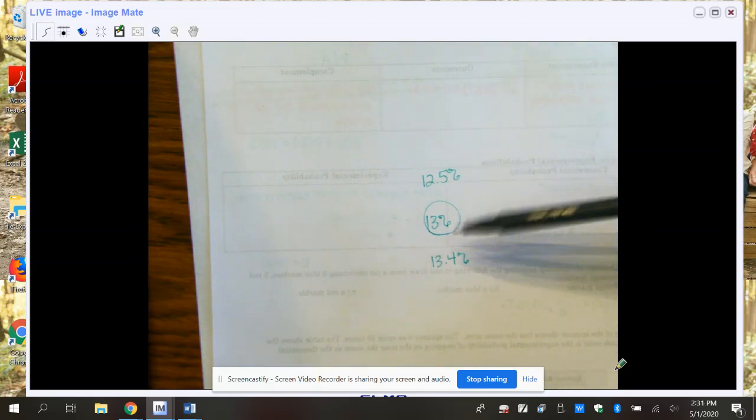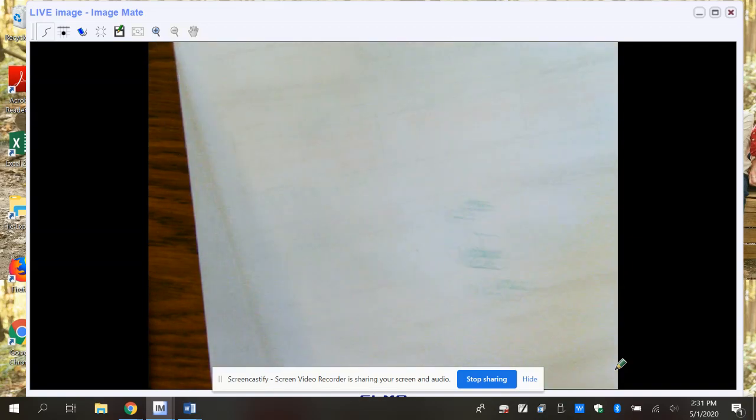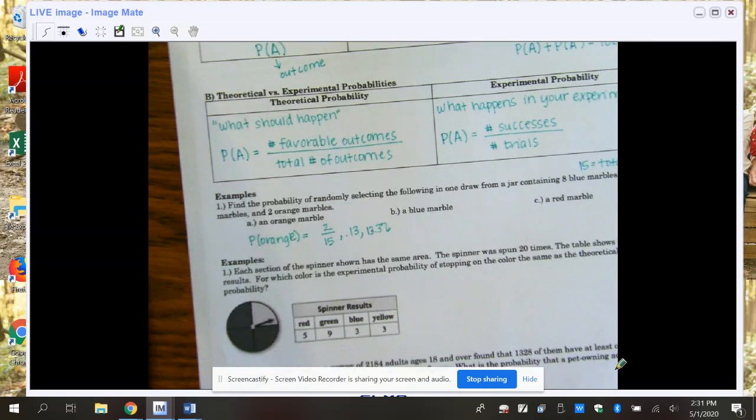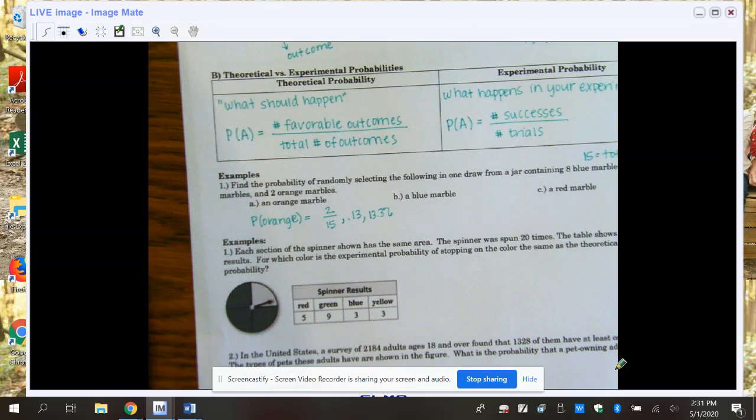So when you round to the nearest whole number, this is almost a full percent different, which doesn't seem like a lot because it's just 1%, but depending on what you're talking about, that 1% could be a really big deal. And so you always want to make sure your probability again is expressed as accurately as you can make it. And so you never want to round your percent to a whole. Always round it to at least the tenths.